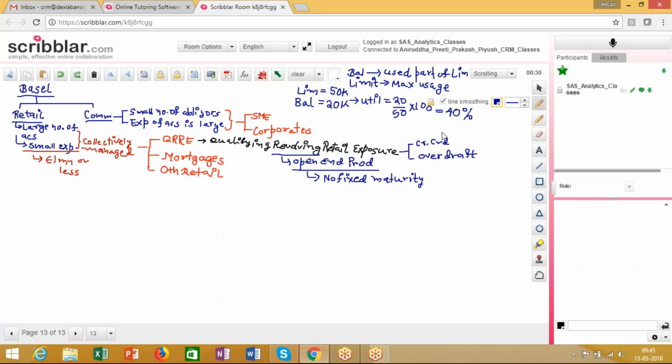Now, obviously, if I'm using a certain portion of my limit, and that's the drawn balance, then I'll obviously have an undrawn balance corresponding to it. The undrawn balance is also known as the headroom.